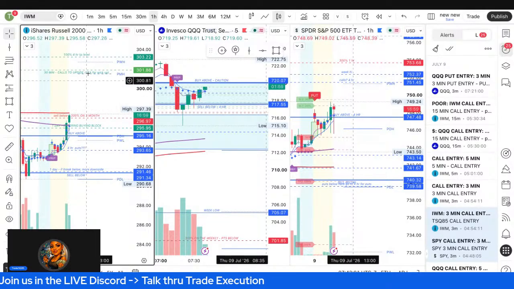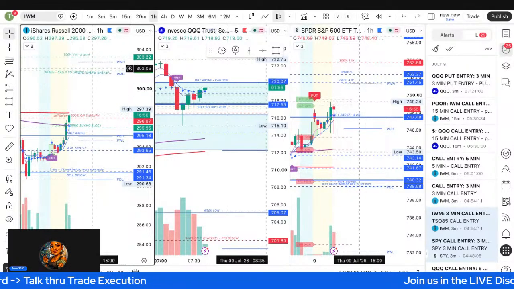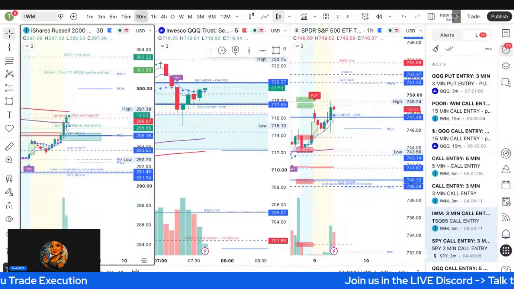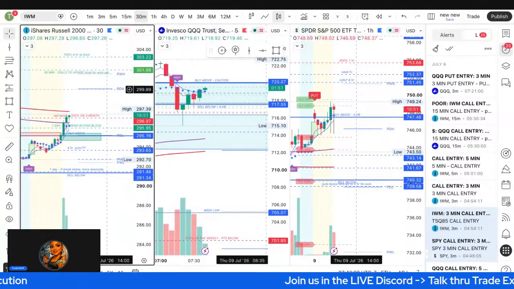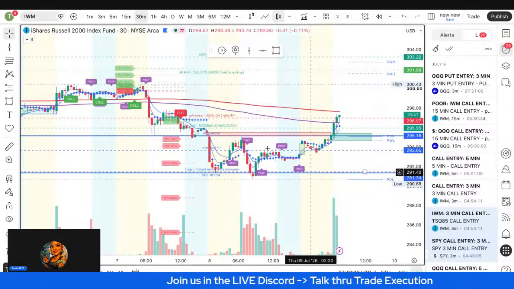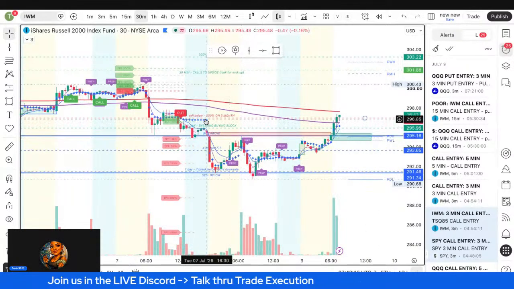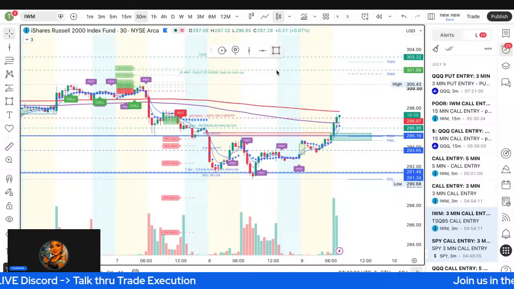Looks like we had a 30-minute block for calls to the upside here. So when it enters that zone, let's look and see. Let me show you something. We are invalidating the puts here. Oh, but 30 minutes. Okay, but you know what?